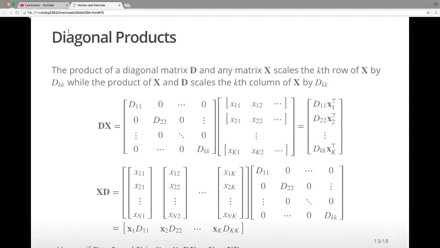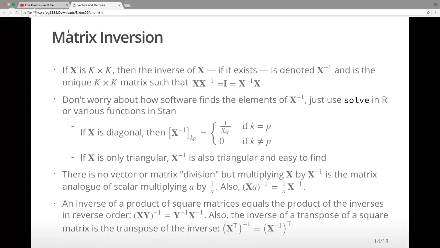Okay, inverse of a matrix. This is another thing that makes matrix algebra different from scalar algebra. If X is a square matrix, which is to say it has k rows and k columns, then the inverse of X, provided it exists, which it typically will for a square matrix, is denoted X superscript -1.